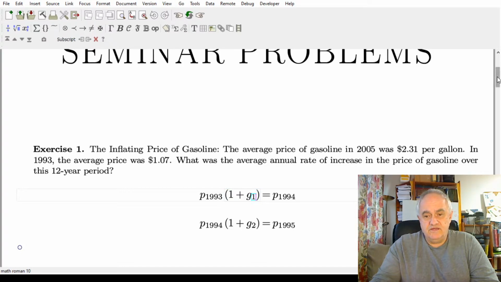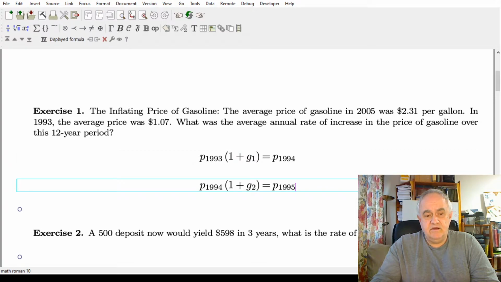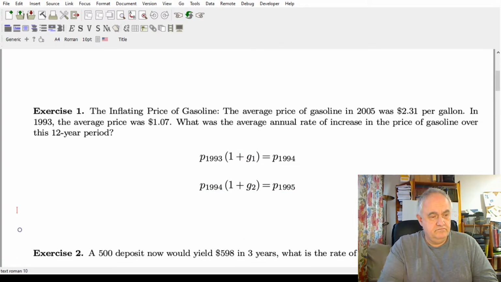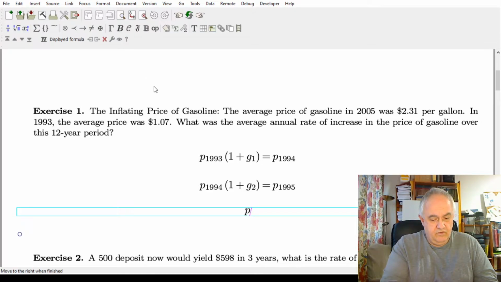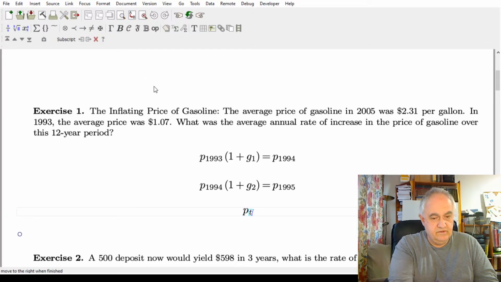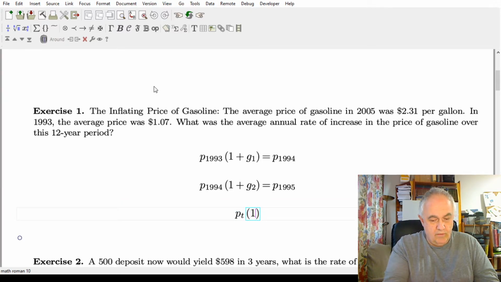So on average, we can now say P of year T times 1 plus G, that is the average, will produce P of year T plus 1.